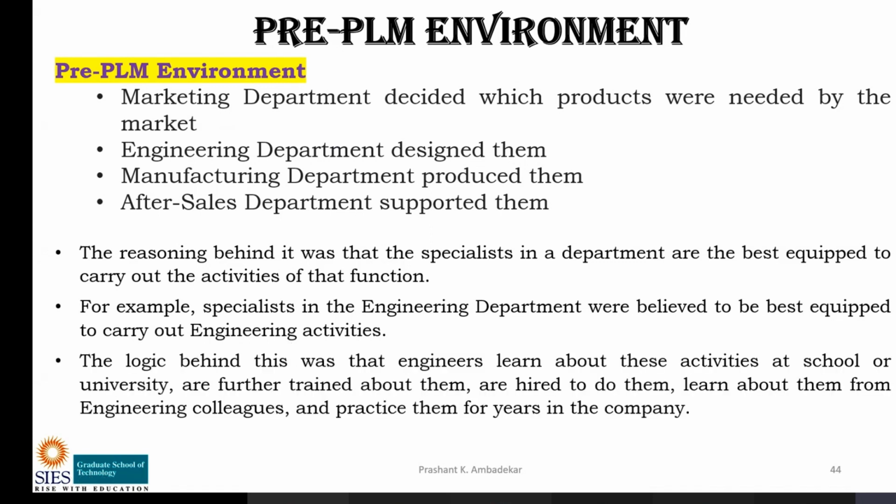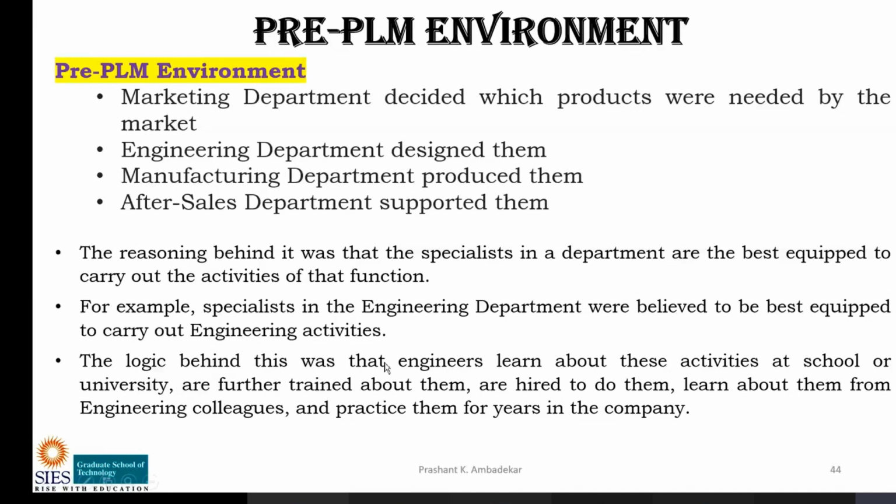Then the logic behind this was that engineers learn about these activities at school or university, or are further trained. They are trained about them, they are hired to do so, they learn about them from engineering colleagues and practice them for many years in the company. And then you are telling the engineer that you cannot do this, or that you should change the product. That is not acceptable. So these were some of the issues, and because of that, what happened?